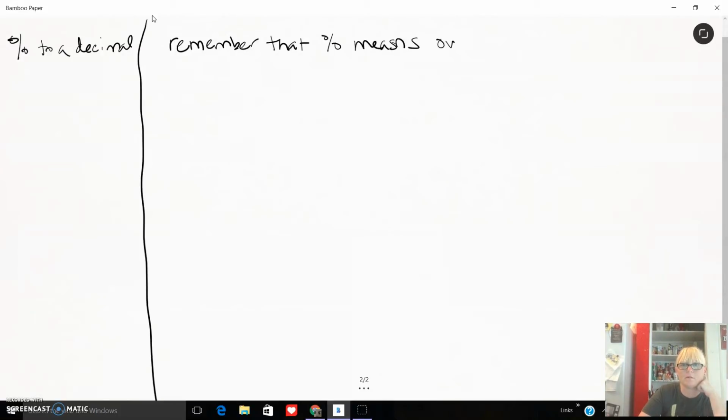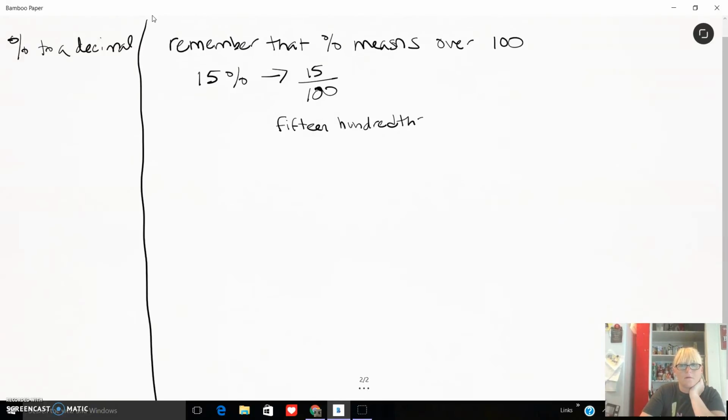So if I have 15%, that changes to 15 over 100, which says 15 hundredths, right? And I know 15 hundredths looks like this. So most times, unless you have a single digit number, you just put the 0.15 like that.